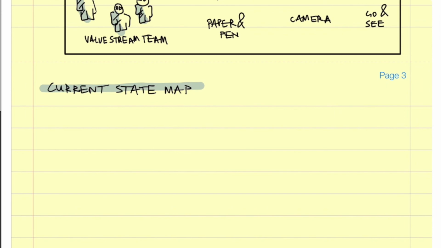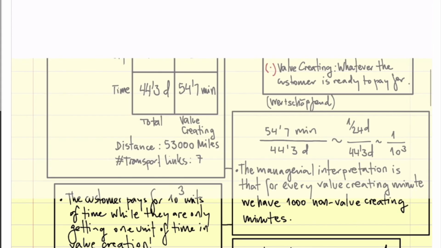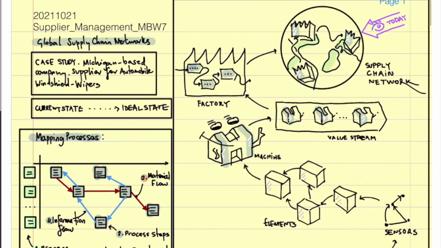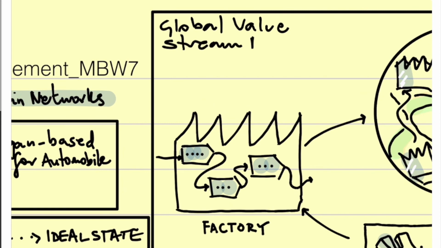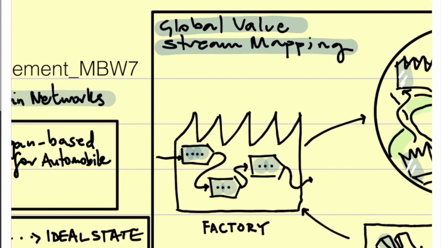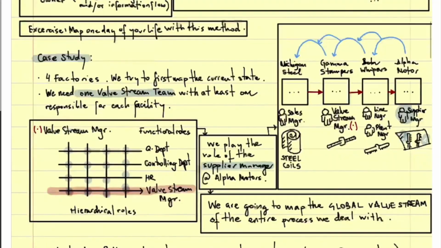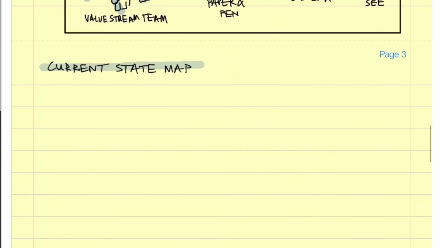Also, when you apply for a job, make sure you put a line in your resume that you have seen global value stream mapping, because this is what we're doing here. This is a skill that is very useful, and not very many people have it.